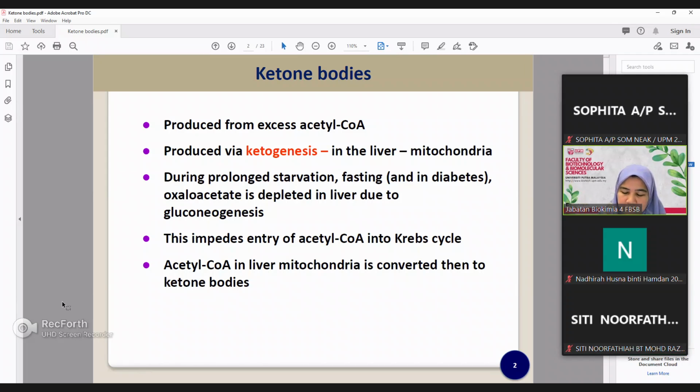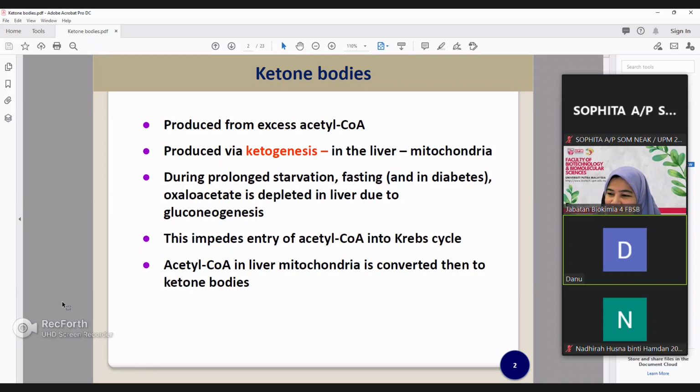Okay, fasting. What else? Lagi? Keto diet. Keto diet. What else? Lagi? What do you mean by keto diet? What is keto diet, by the way? Have any one of you practiced keto diet?